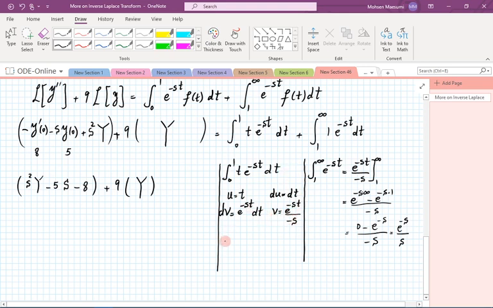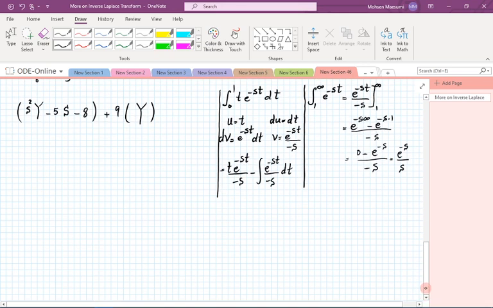So that integral becomes uv, which is t exponential of minus st over minus s, and then minus v du, which is exponential of minus st over minus s dt.